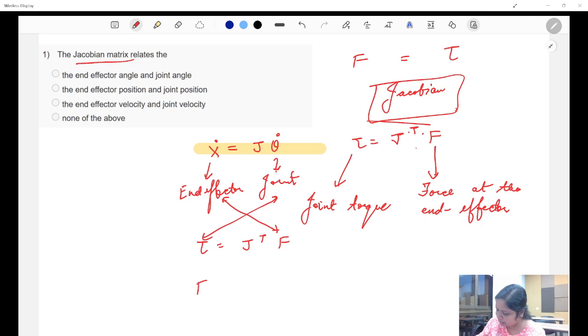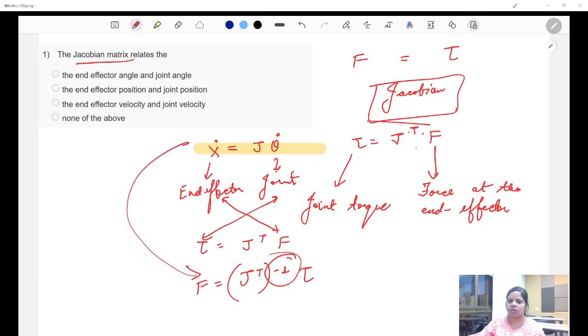Force will be equal to, let's say I take J transpose inverse on this side, then I'll have J transpose inverse into torque. Okay, so inverse comes into the picture when we move from velocity to force. So remember it in this way, that you don't have the same relation between both of them, it's different.